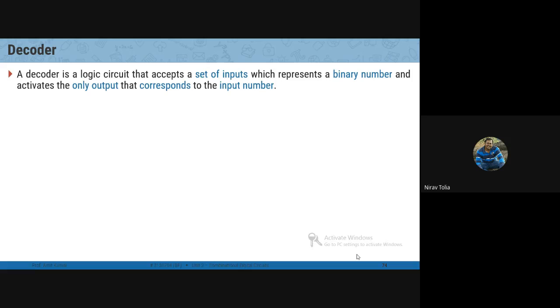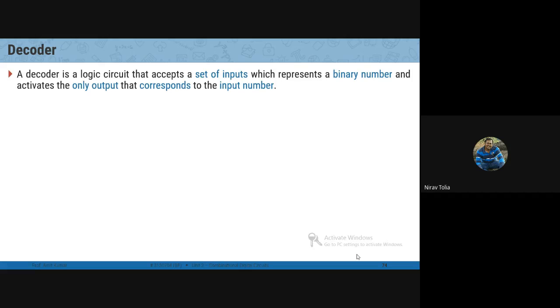The input of the decoder is a code. Either the input of the decoder is a binary code, or a BCD code, or an XS3 code. What the decoder does is it checks the code and gives the output, and it decodes the code.